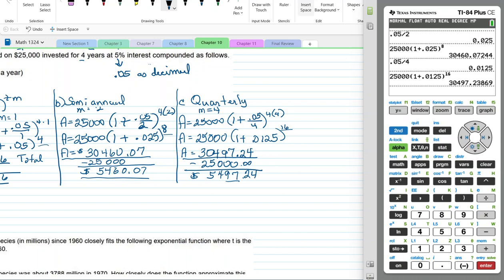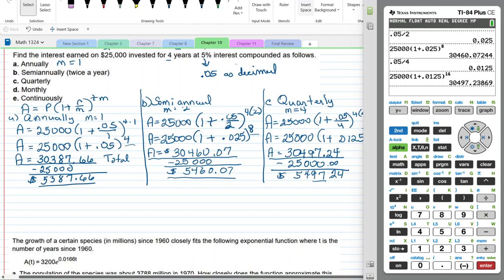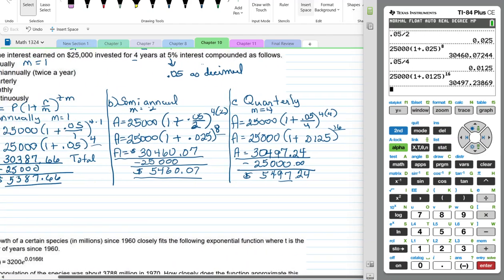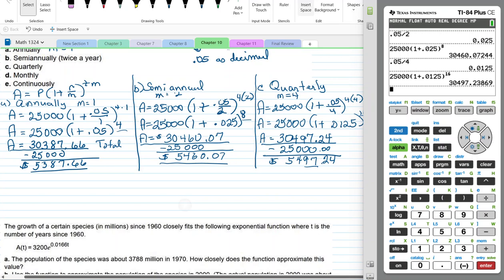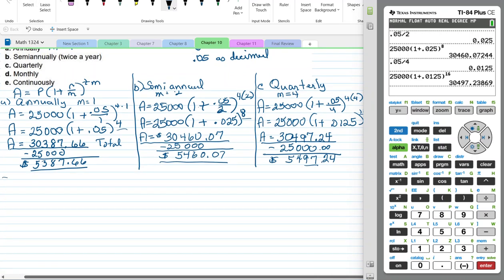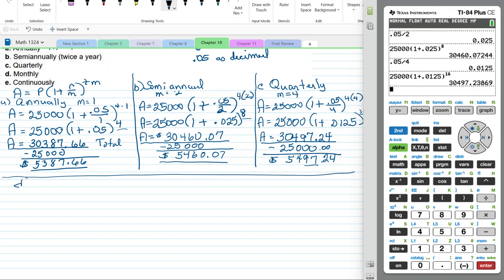All right. So then they're asking us for monthly. Oh my goodness. So let's make some room here. Now we're doing monthly. So my M is 12.